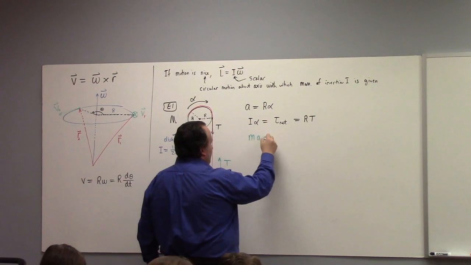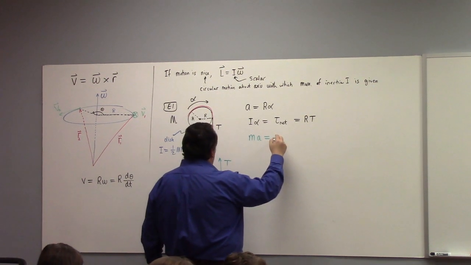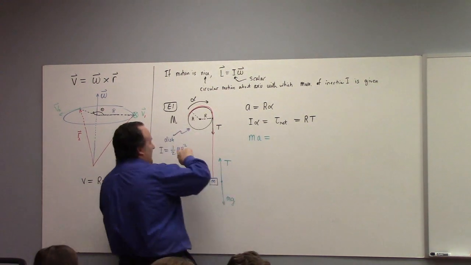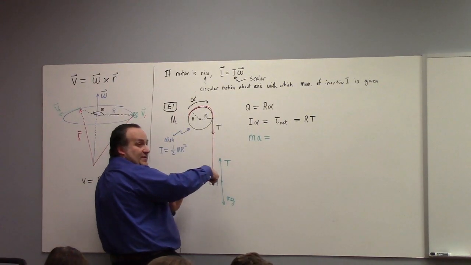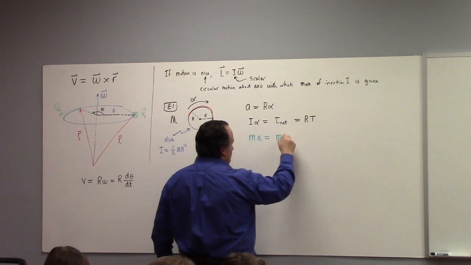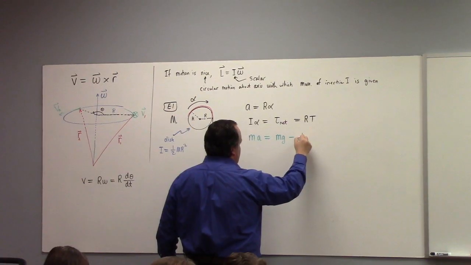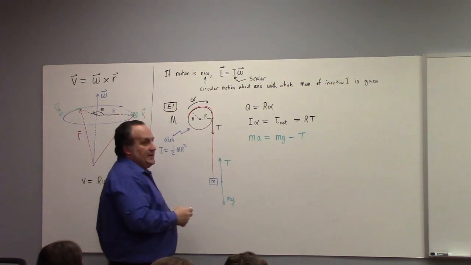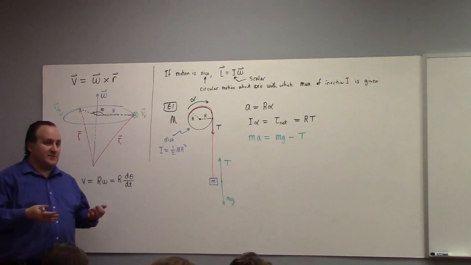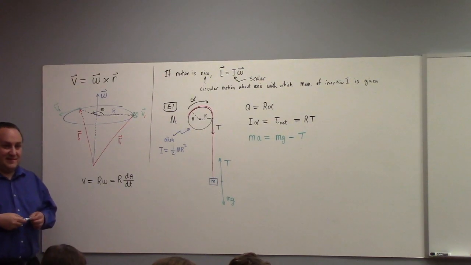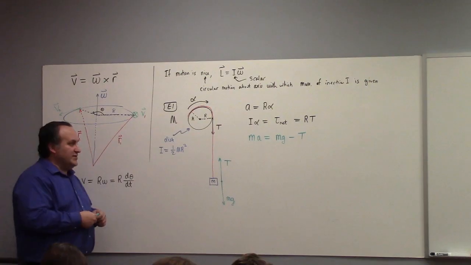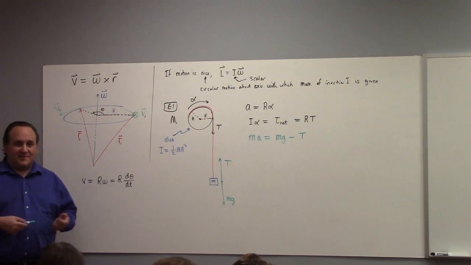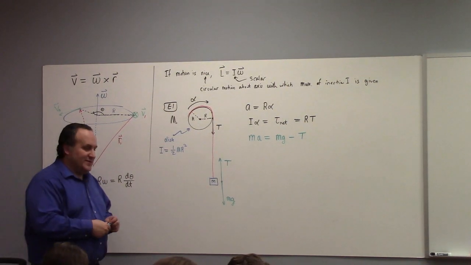M times A is equal to, I'm taking this as positive, so that makes mg positive, mg minus the tension. So since the acceleration is non-zero, the tension is not equal to mg. That was the source of our error, all right? But it was a very believable error, so I'm proud of it. It was a nice clean error.